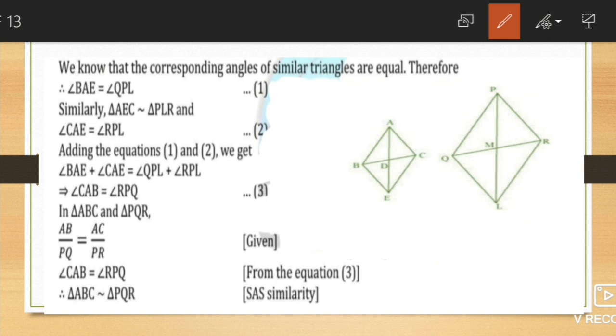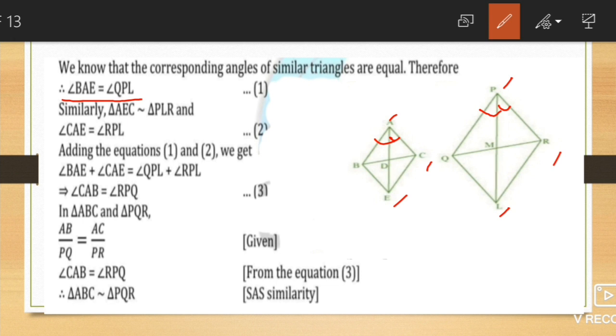Now given that BAE or BAD is equal to QPL. Similarly, if you take the triangles AEC and PLR, you can prove that they are similar, and that angle CAE is also equal to RPL.